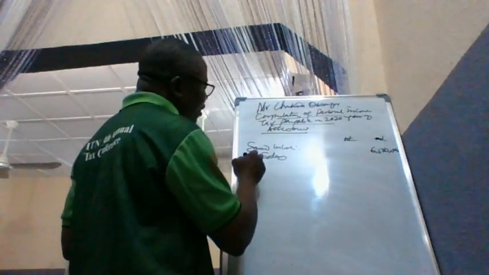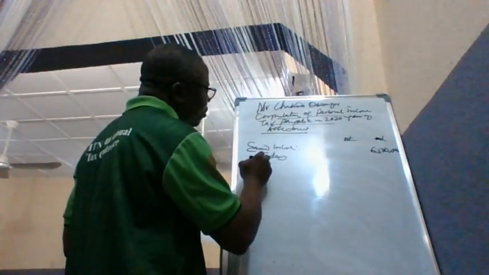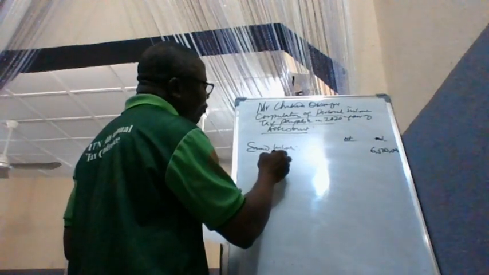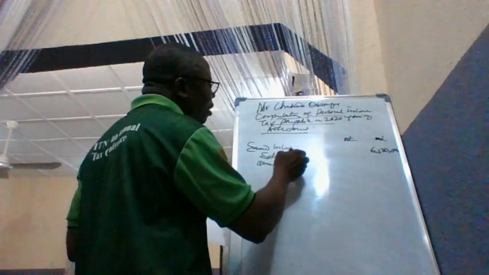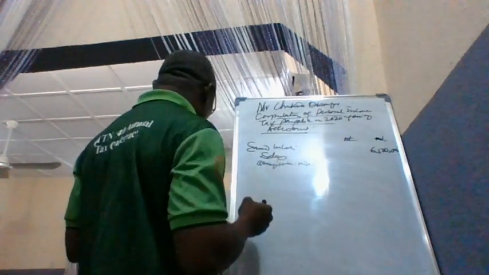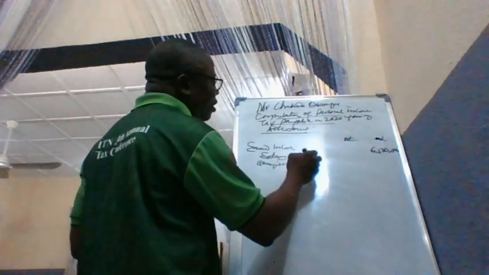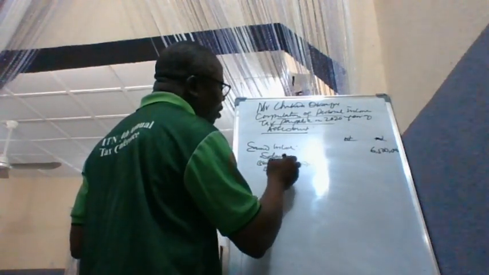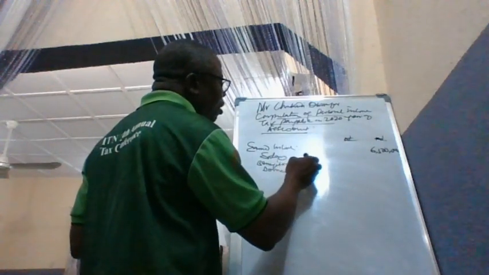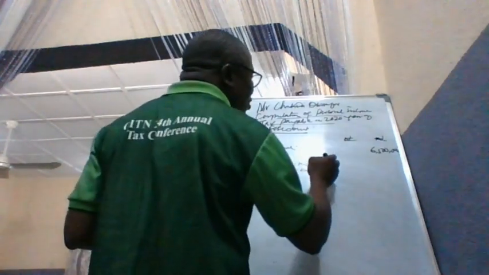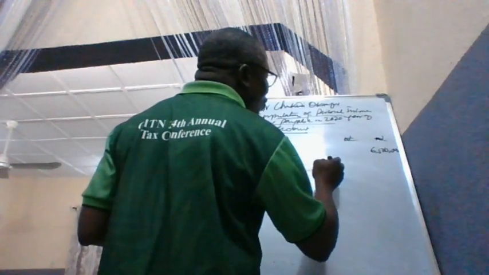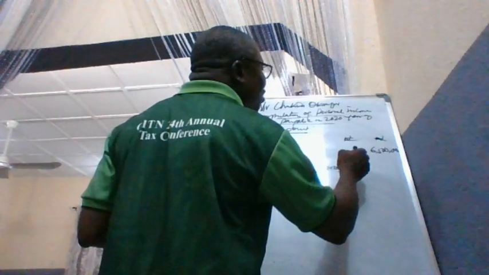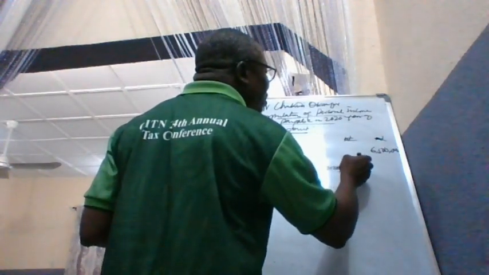The next one is benefit in kind, which includes domestic servants. Two of them, 2 times 200,000 naira, and this will be 400,000 naira.